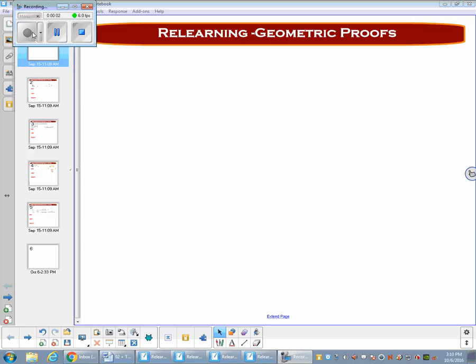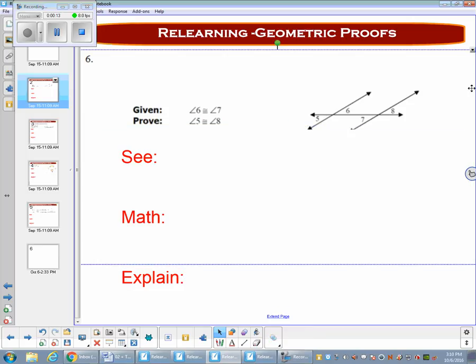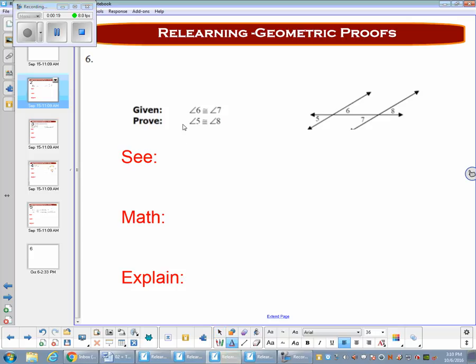All right, now we're going to look at relearning geometric proofs. These aren't exactly geometric proofs as much as just looking at what we see and what we can find. What I see right away is angle 6 and 7. Angle 6 is congruent to angle 7.